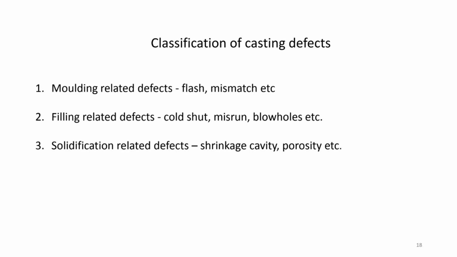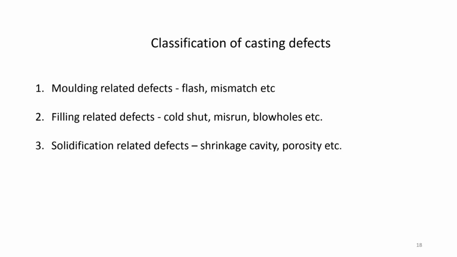Next is solidification related defects. After solidification there is a density difference, so it can give rise to shrinkage cavity, porosity, etc. Porosity arises because the solubility of gases in molten metal is always higher compared to solid metal.